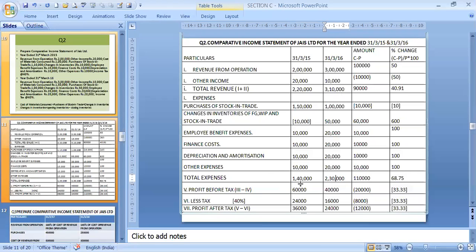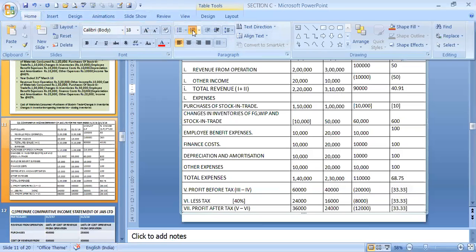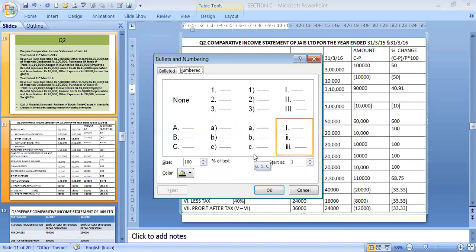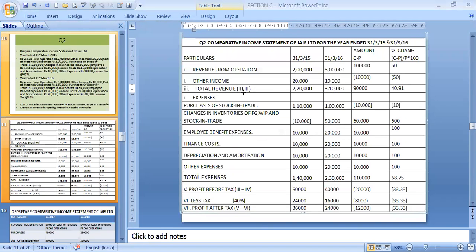Now profit, we know, is revenue minus expense. In this case, you see we have total revenue, which is the third part, and total expenses, which is the fourth part.